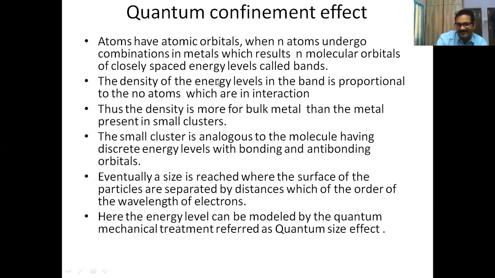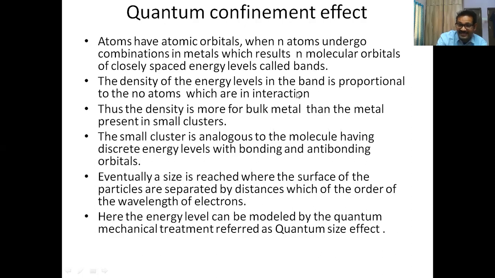More density of energy levels means more close spacing, when more atoms are there. Thus the density is more for the bulk metal than for the metal present in small clusters. With small clusters, very few atoms will be there, so definitely we can see the distinction. The closely spaced molecular energy levels become discrete energy levels in the band.